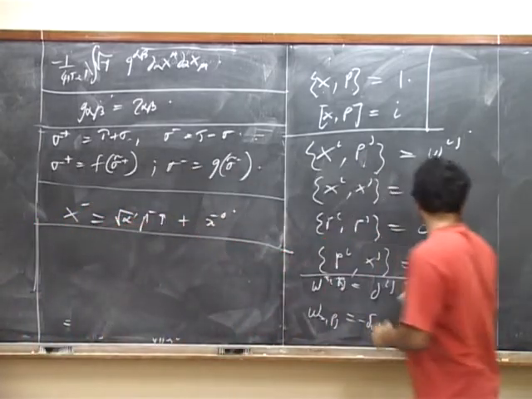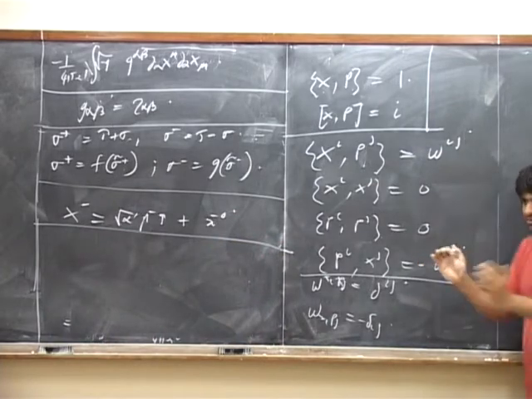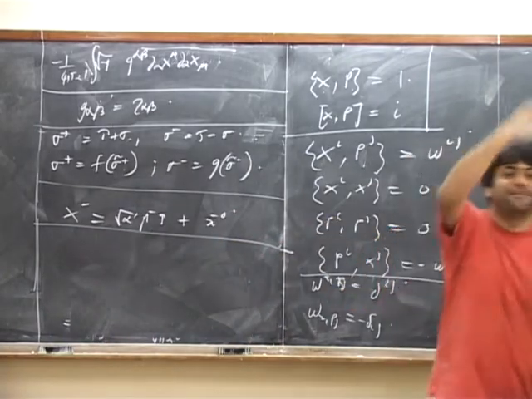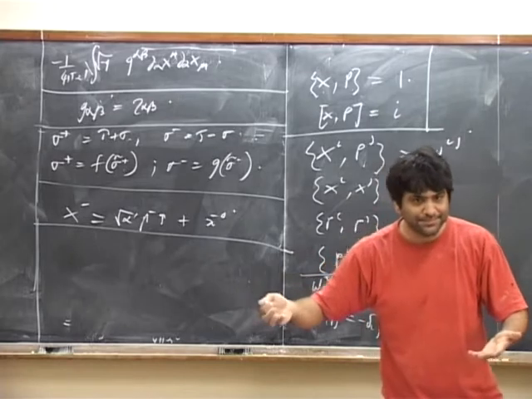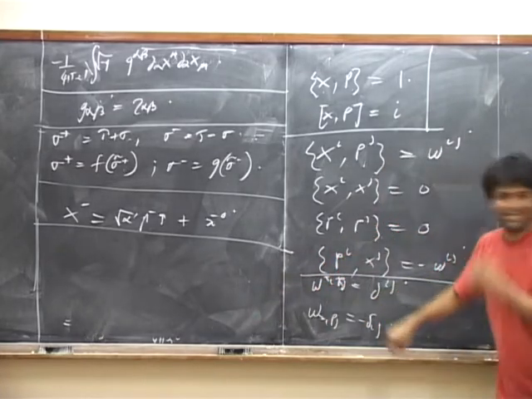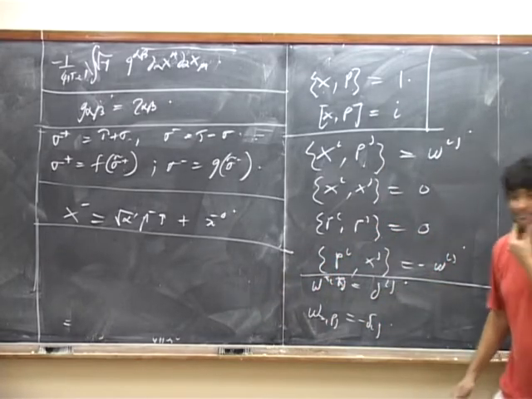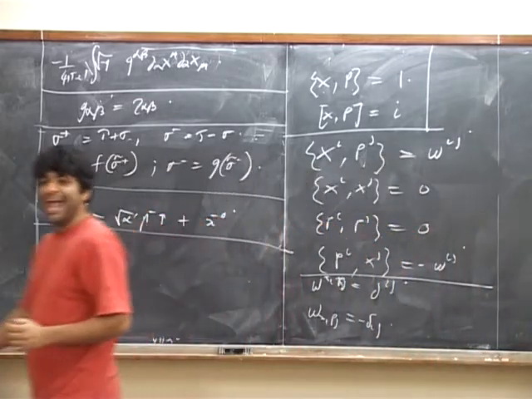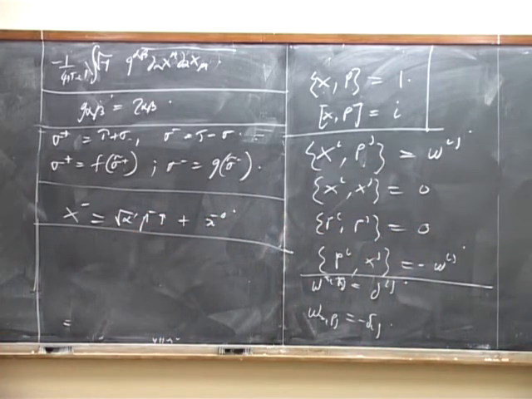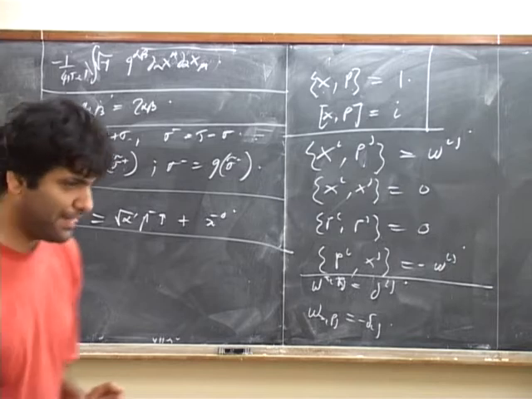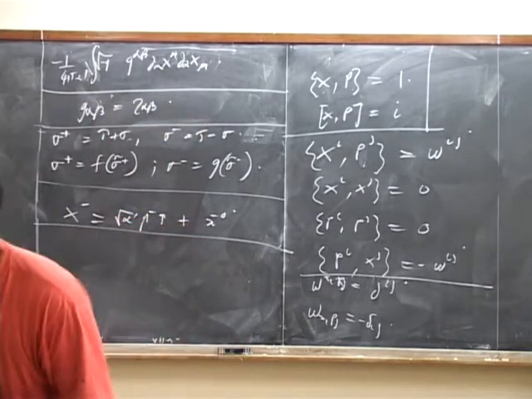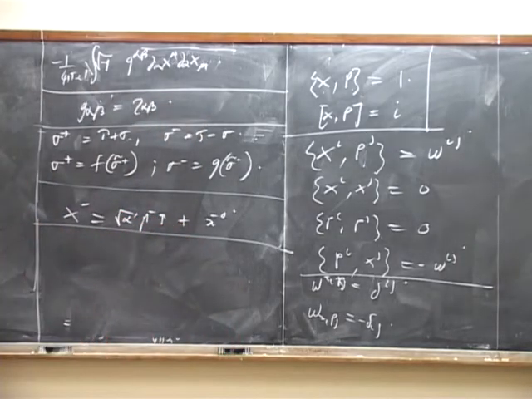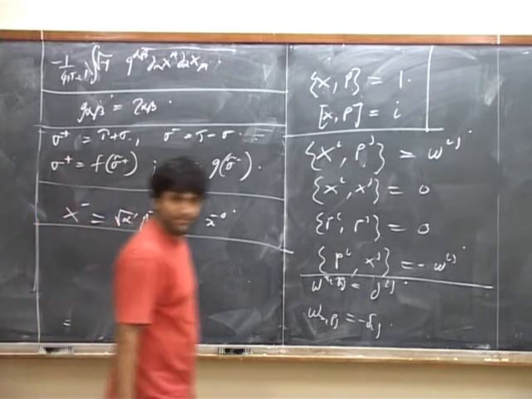Okay? So, instead of dealing with this object here, which is an antisymmetric tensor on phase space, I deal with this object here. Now, whenever you have an antisymmetric tensor of any rank, but with lower indices, there is a convenient notation to deal with this antisymmetric object that we're now going to use.